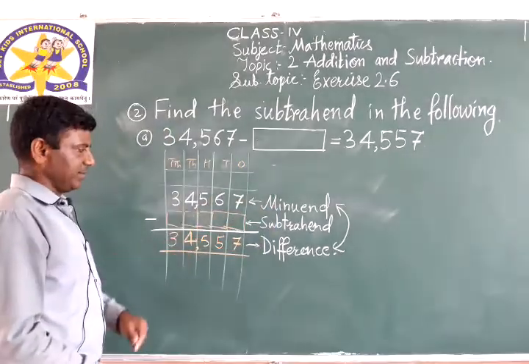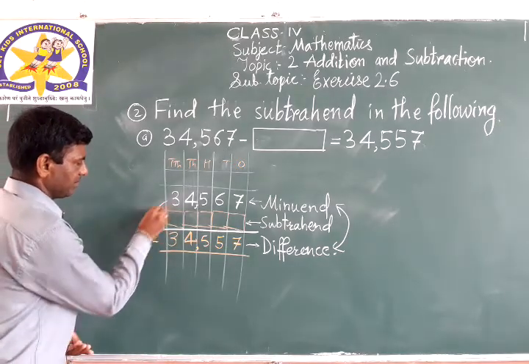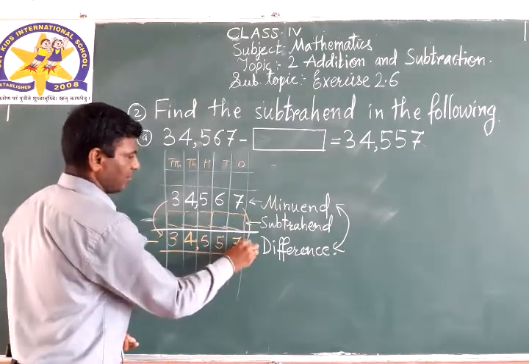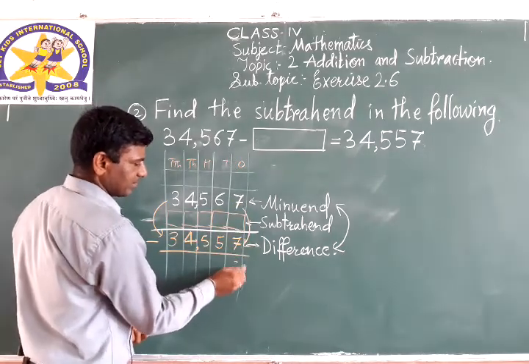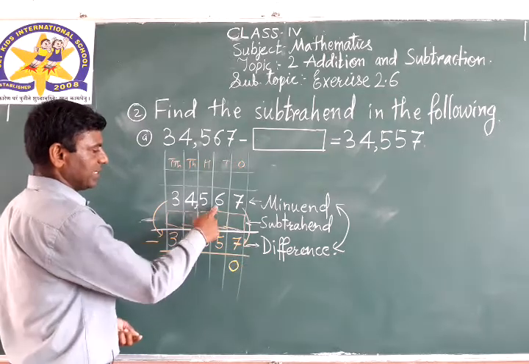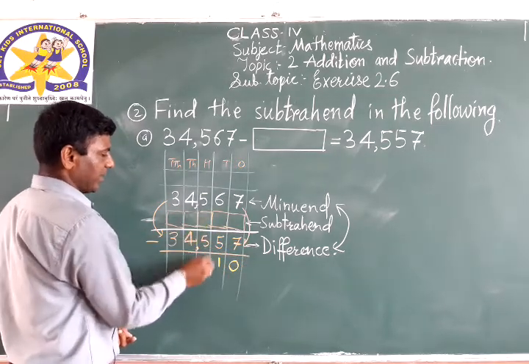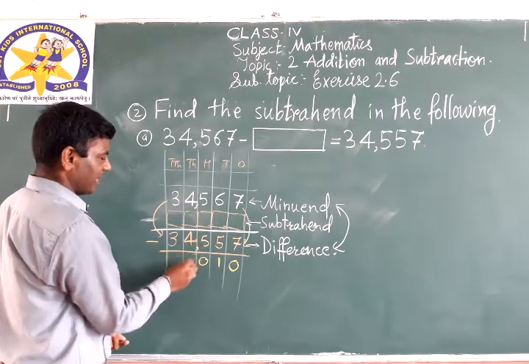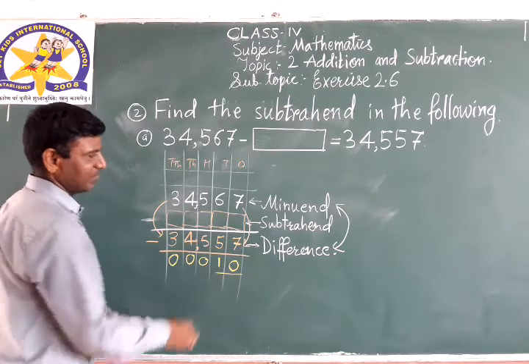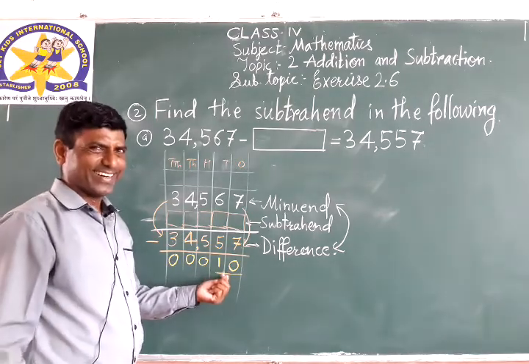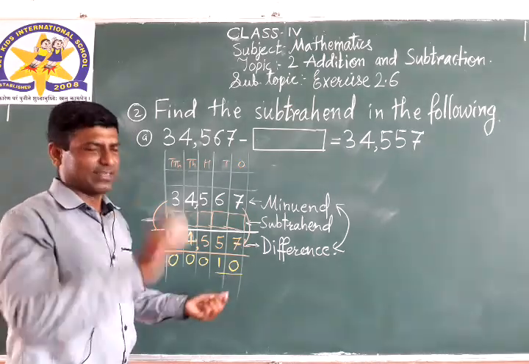Minuend minus subtrahend. Directly subtract this one from here. 7 minus 7, 0. 6 minus 5, 1. 5 minus 5, 0. 4 minus 4, 0. 3 minus 3, 0. What is the answer? 10.